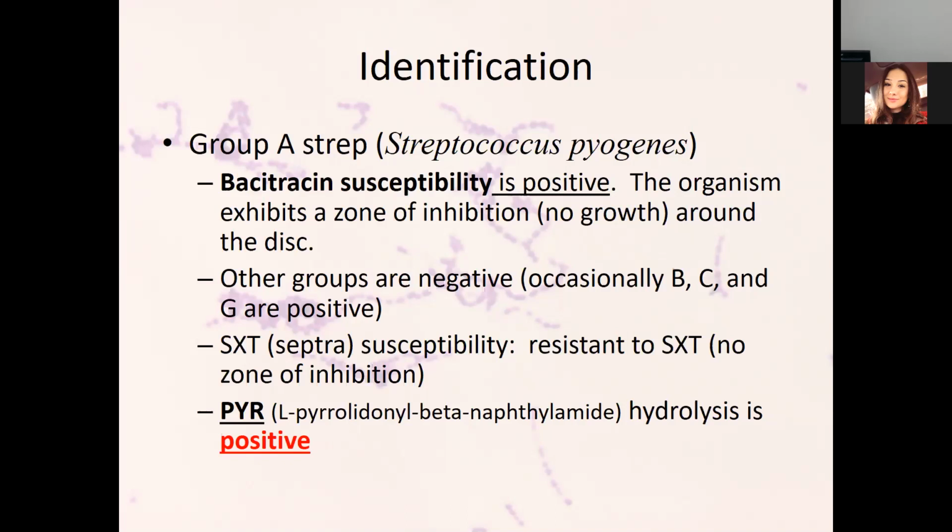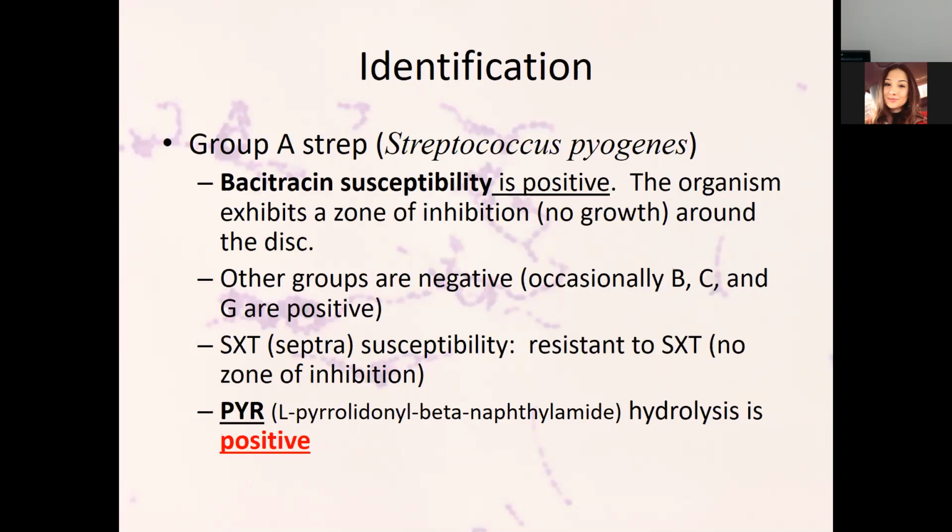Usually bacitracin is in there. It's a topical antibiotic. And it usually comes in ointment form for us. But the good thing is strep pyogenes is susceptible to it, which means that it will not allow strep pyogenes to grow on our plate if it's present.